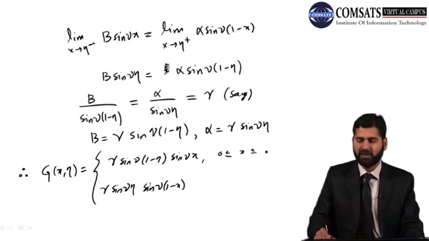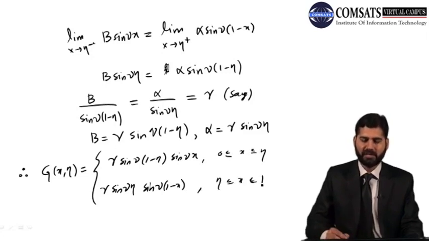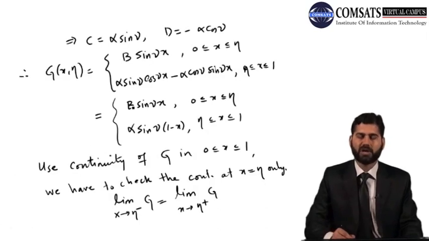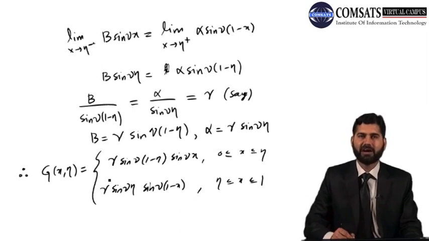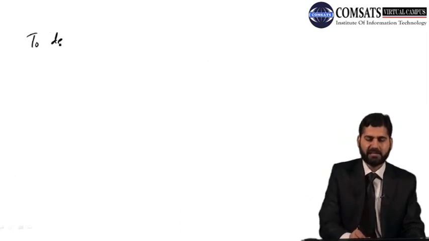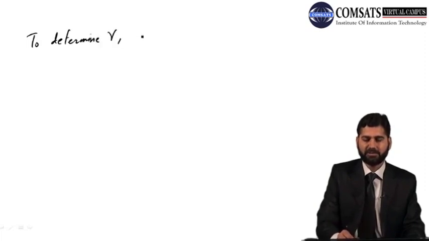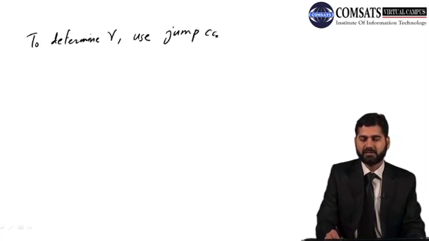Now you see we have converted 2 unknowns into just 1. You still had 2 unknown constants, beta and alpha. Now I only have 1 unknown constant. So to determine gamma at the end, use the jump condition.